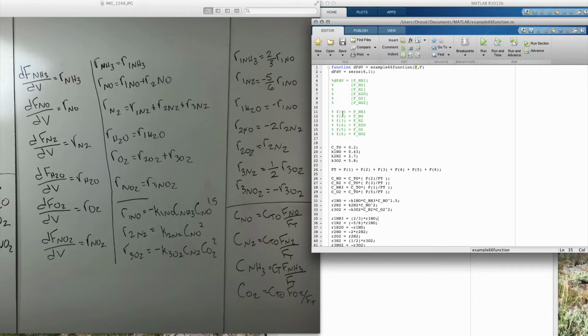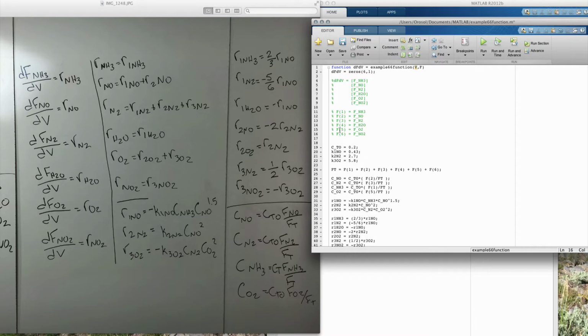The first one, F1, was equal to FNH3. I just realized that the way I define this, these are actually all capital. So F1 is FNH3, F2 is FNO, F3 is FN2, F4 is FH2O, F5 is FO2, and F6 is FNO2.